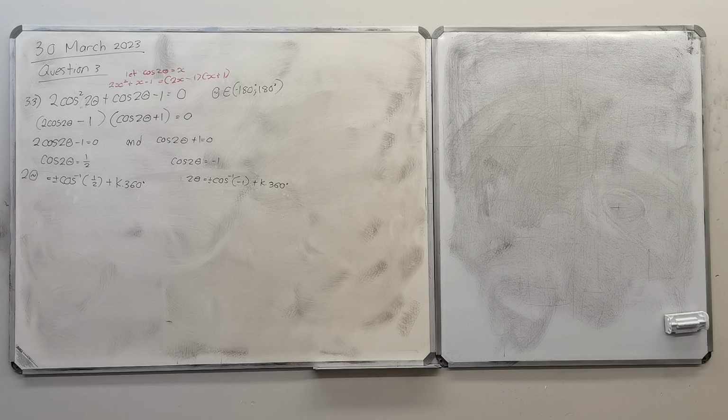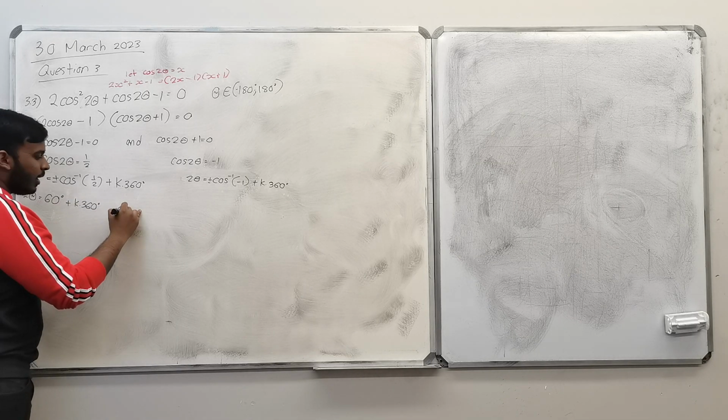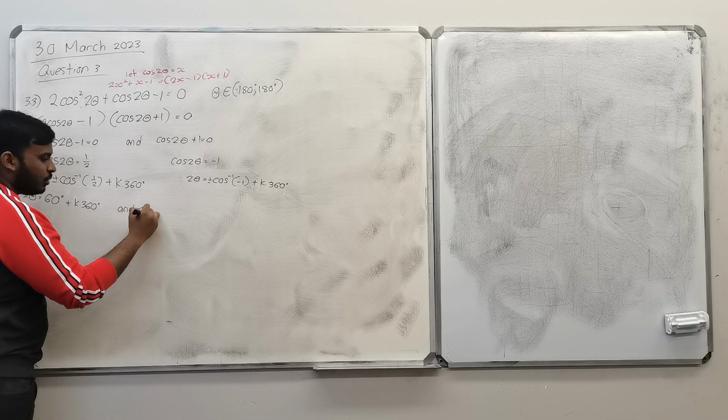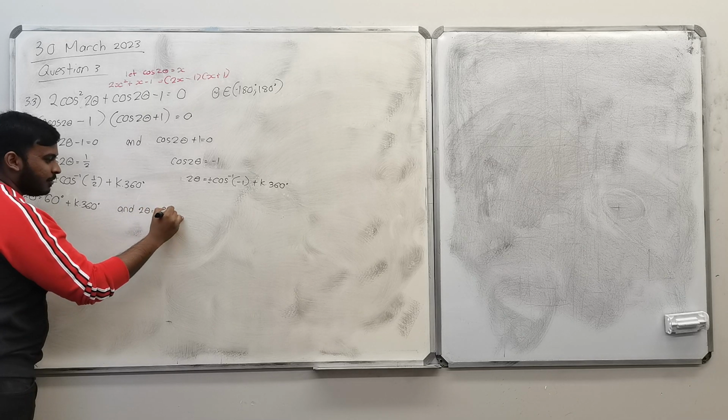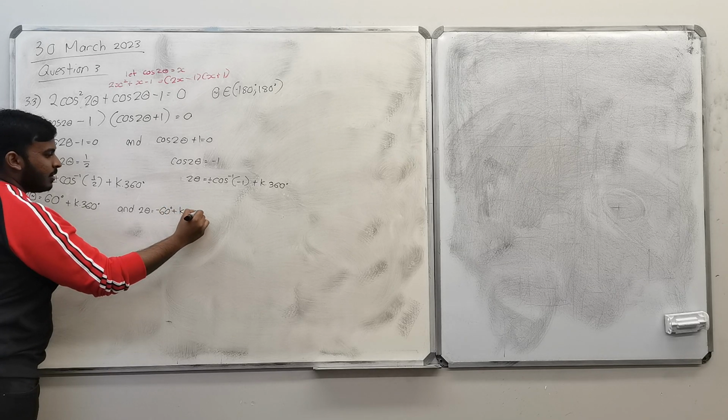Okay? You're all okay with this part, right? I'll just add plus and minus of the reference angle plus k times 360. Right? So you're going to end up with 2 theta equal to positive 60 degrees plus k times 360, and 2 theta is equal to negative 60 degrees plus k times 360.